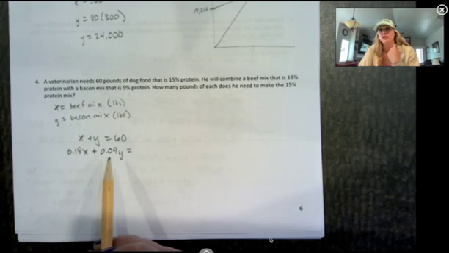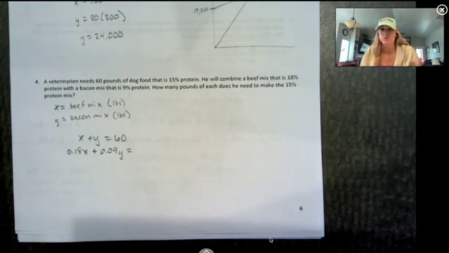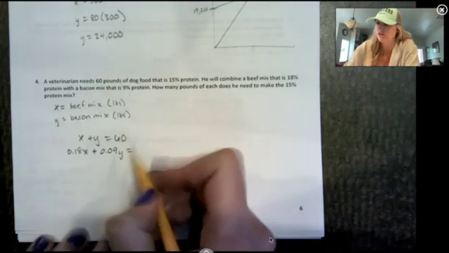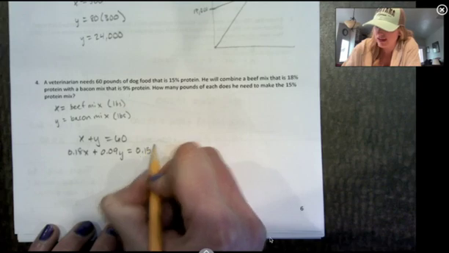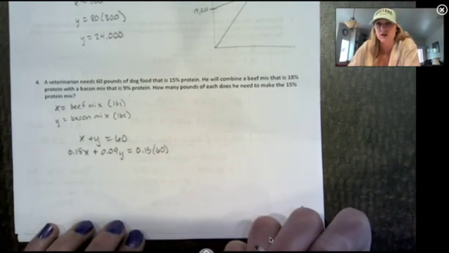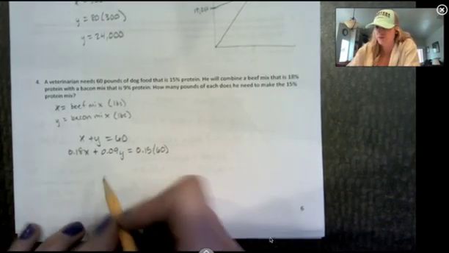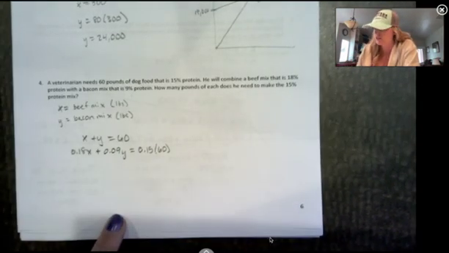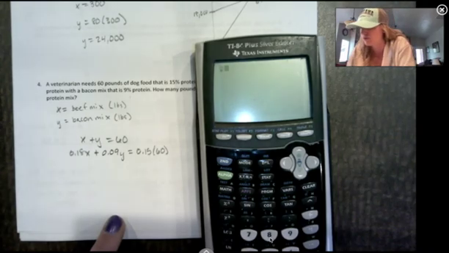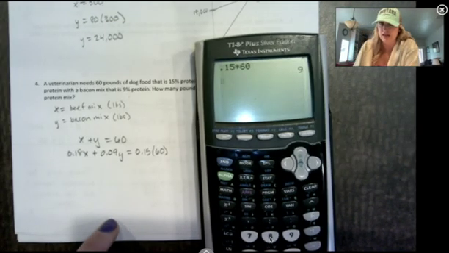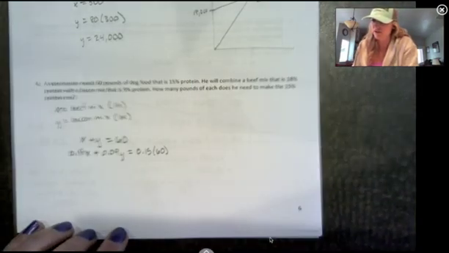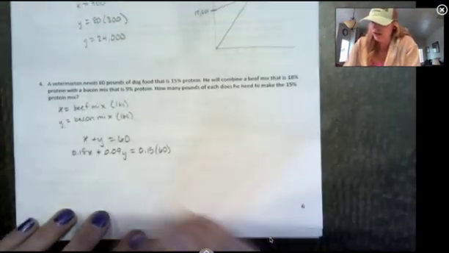I want it to be 15% of the total. The total poundage is 60 pounds, so what is 15% of 60? Anytime we say the word "of," it's multiplication. So 0.15 times 60 gives me 9, and this is going to equal 9.